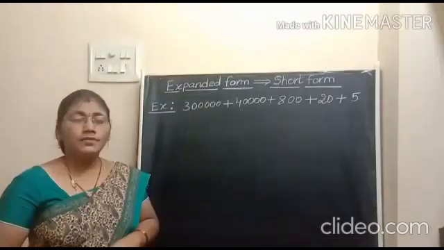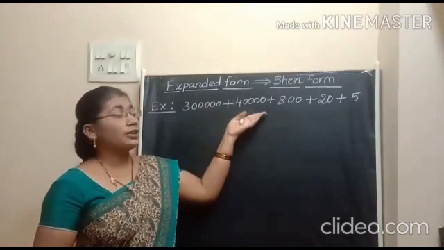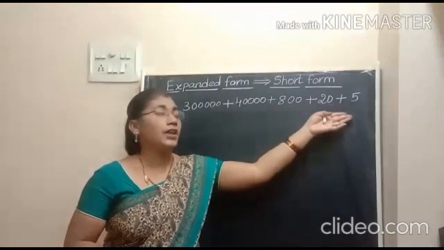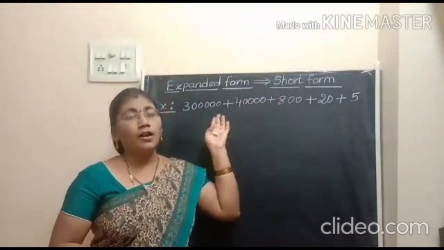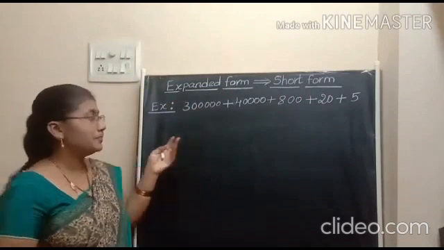Understood children? Now, I am taking 3 lakhs plus 40,000 plus 800 plus 20 plus 5. Let us see how to get the numeral for this expanded form.